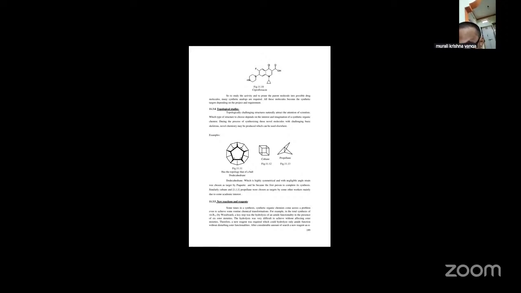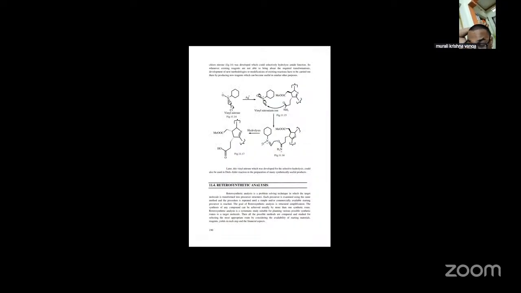Therefore, a new reagent was required which could hydrolyze only the amide functional group without disturbing the ester functional groups. After considerable effort, such a new reagent, chloronitron, figure 11.4, was developed, which could selectively hydrolyze amide functions.